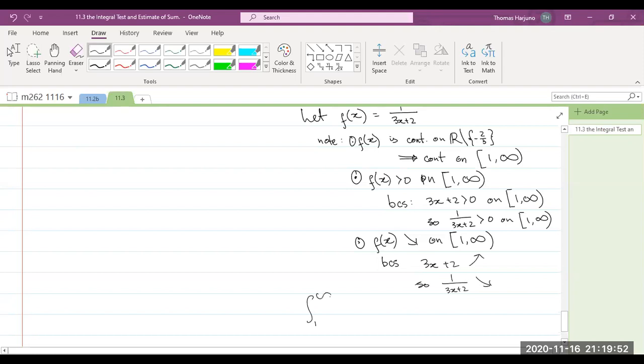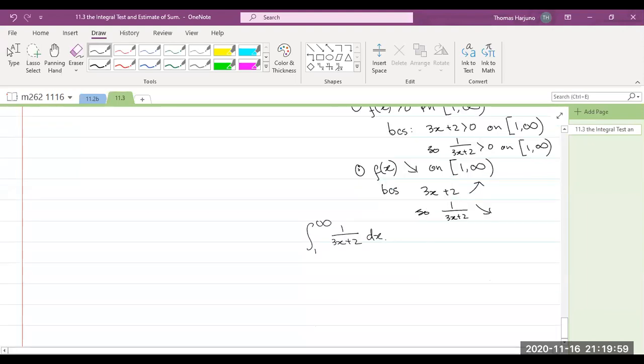Integral from 1 to infinity of 1 over 3x plus 2 dx. This is equal to limit t goes to infinity of the integral from 1 to t, 1 over 3x plus 2 dx. This equals limit t goes to infinity of 1/3 natural log of 3x plus 2 from 1 to t.